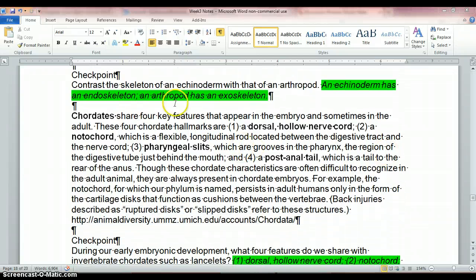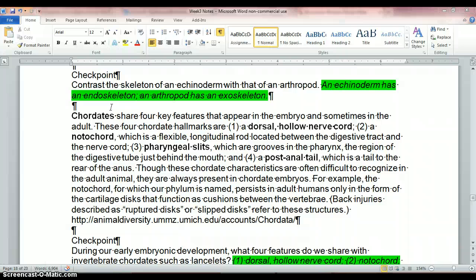So let's go down. Finally, chordates. Humans are part of Chordata. Chordates share 4 key features that appear in the embryo and sometimes in the adult. The 4 chordate hallmarks are a dorsal hollow nerve cord, a notochord, which is a flexible longitudinal rod located between the digestive tract and the nerve cord, pharyngeal slits, which are grooves in the pharynx, the region of the digestive tube just behind the mouth, and a post-anal tail, which is a tail behind the anus.